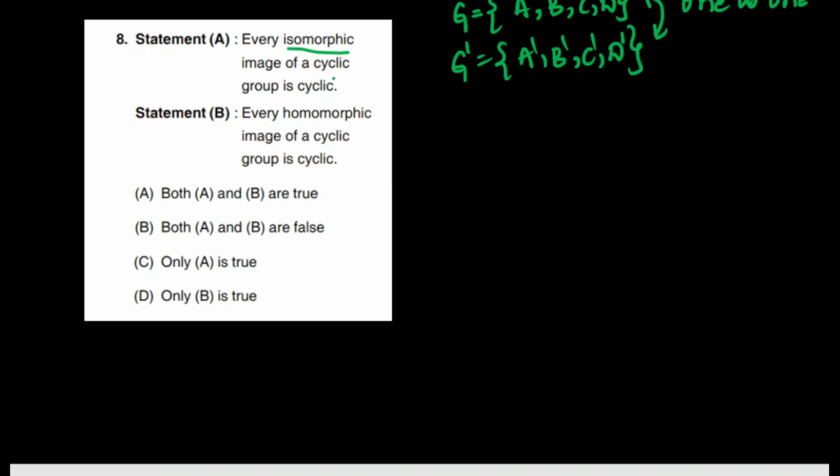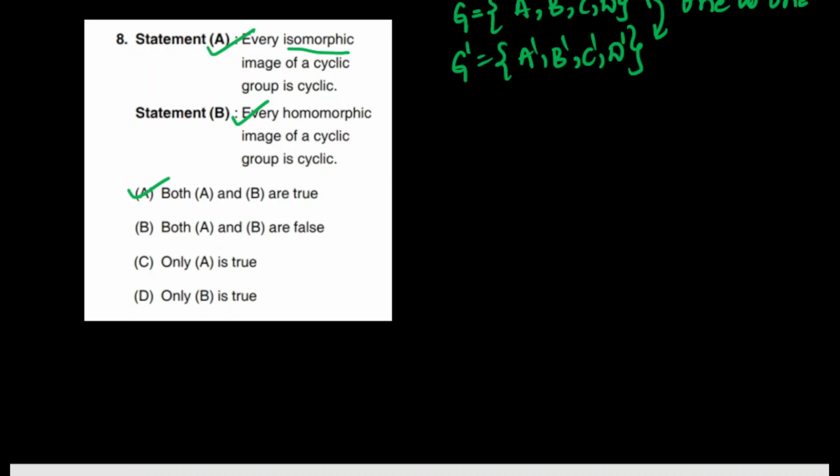Next, every homomorphic image. Under isomorphic we get one-to-one; homomorphic is a many-to-one mapping. Under a group we map many to one. So every homomorphic image of a cyclic group is cyclic. Here also both the statements are true. So both A and B are true, so option A is the right option. Yes.